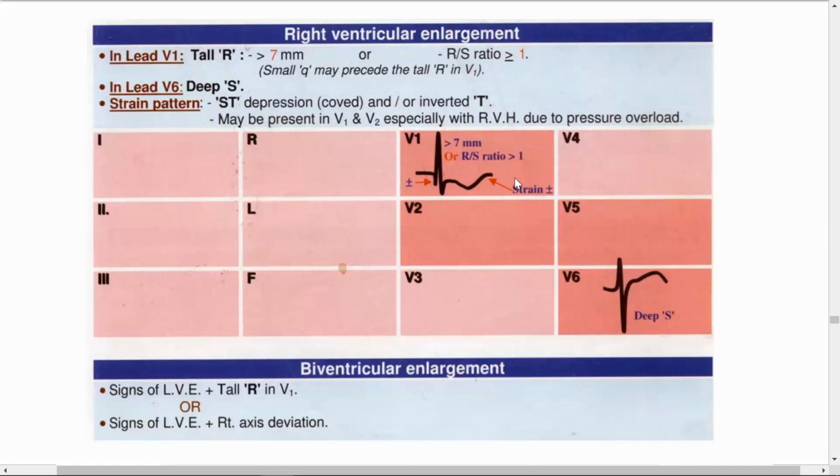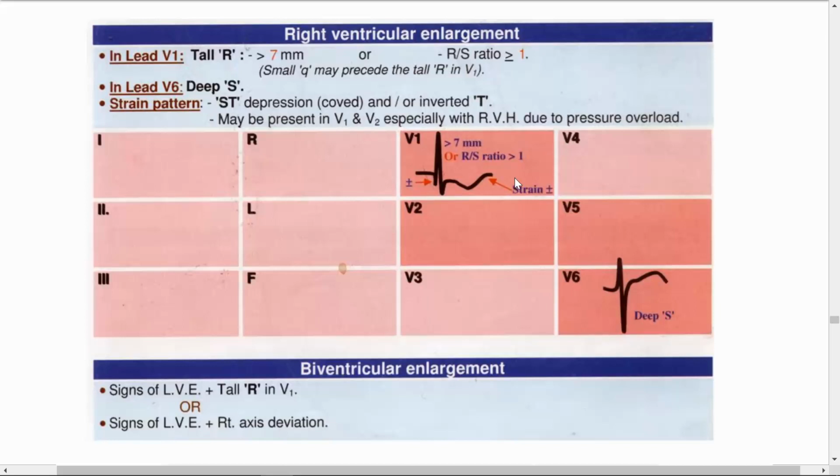This is normal because the electricity goes away from V1 on the right ventricle, and the axis of the heart is towards the left ventricle. So the electricity goes away from V1, so it will be either negative or a very small r.